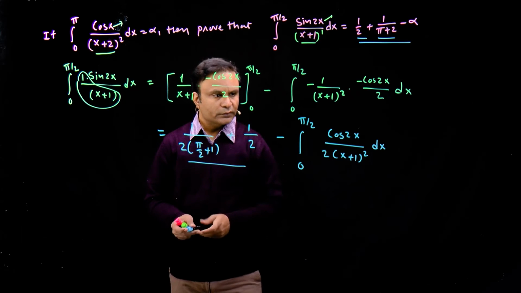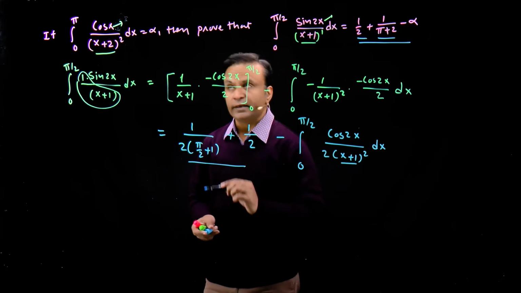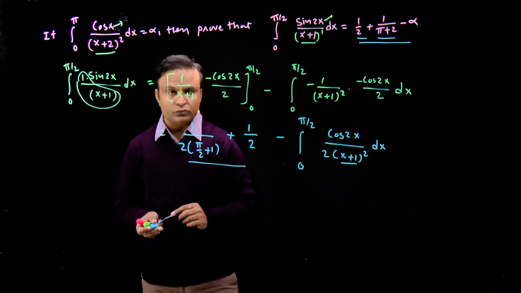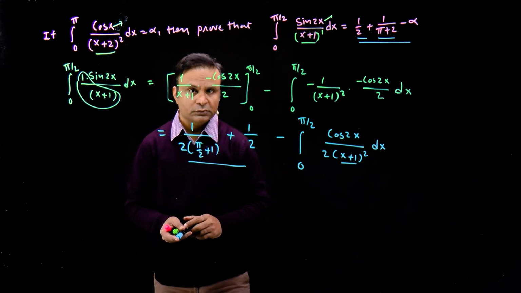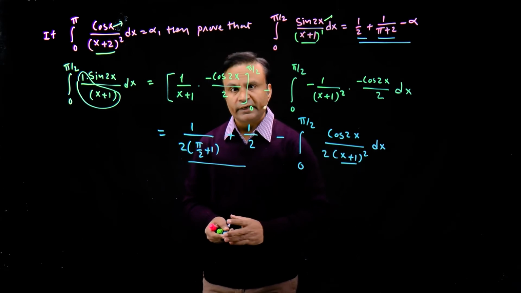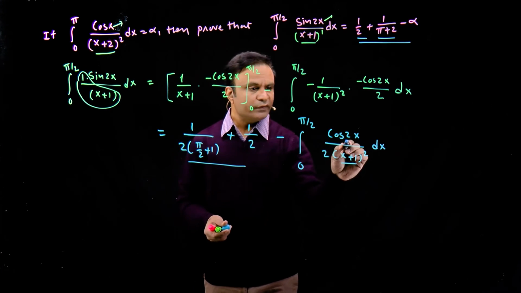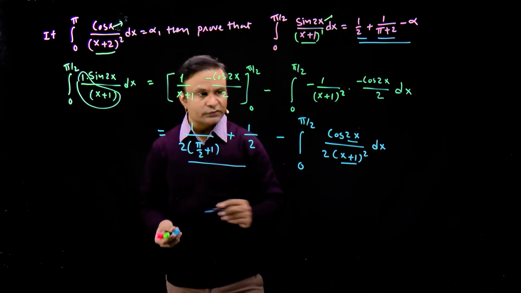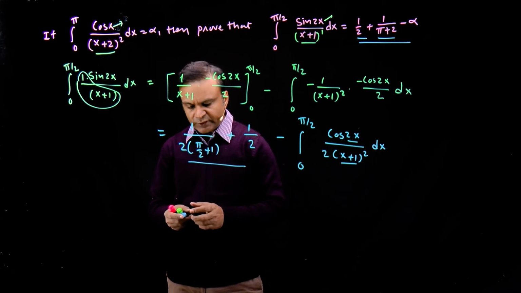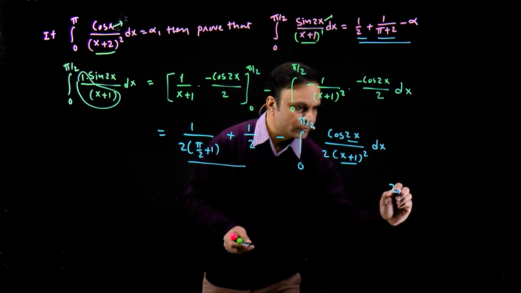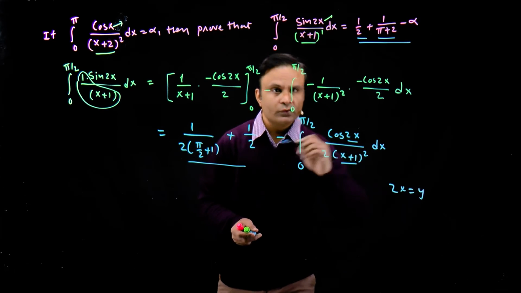Now here we have x plus 1 and here we have x plus 2. So what change can I make here? Also here we have 2x and here we have x. So straight away the substitution is 2x equal to y.